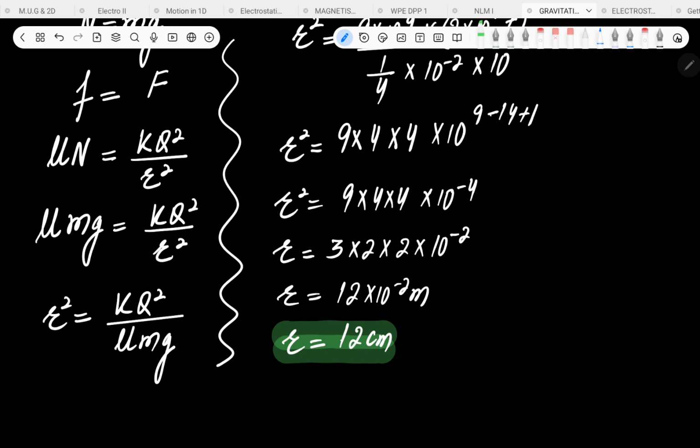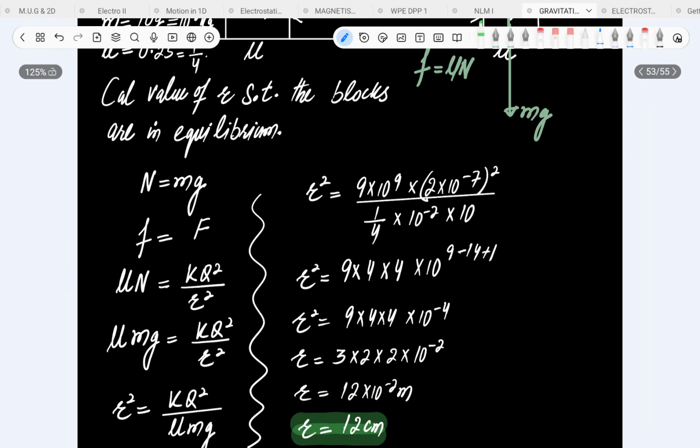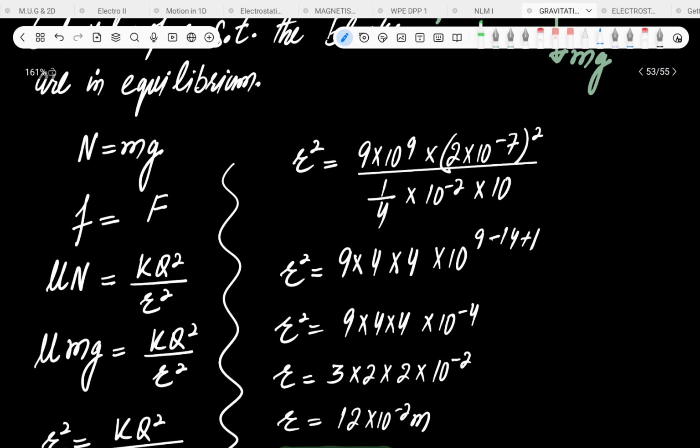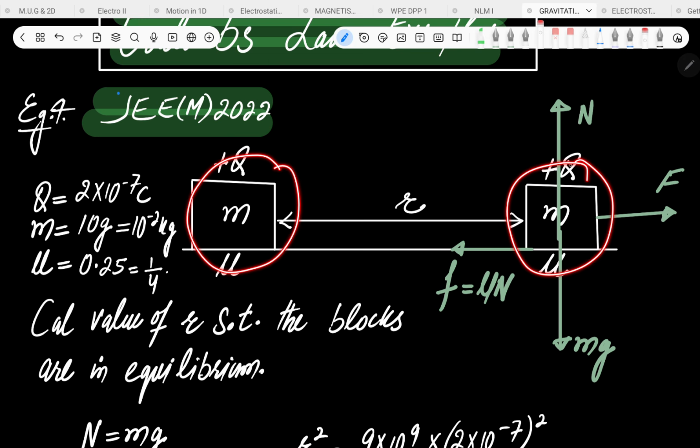Again, this is a JEE Mains question, and a tricky question, but I'm sure that it is crystal clear to you. So the question was like this: there are two blocks, this is one block, this is another block, and it is given that both the blocks are in equilibrium, which means the net force on each of these two blocks is equal to 0. First and foremost, I identified that there are 4 forces on each of the blocks.